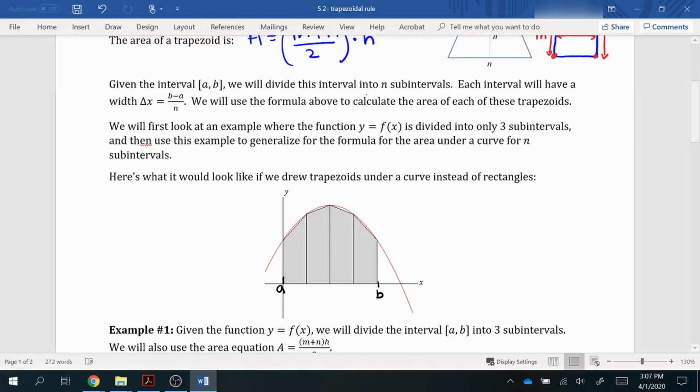So n is the number of subintervals or trapezoids, that same n there. So to find the area of each of these trapezoids, for example, that would mean that our h is now this distance, which is actually delta x.